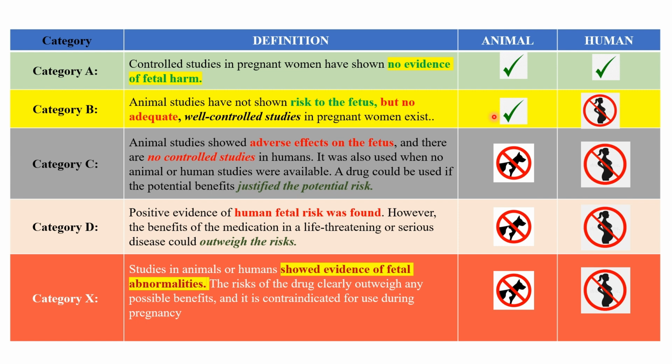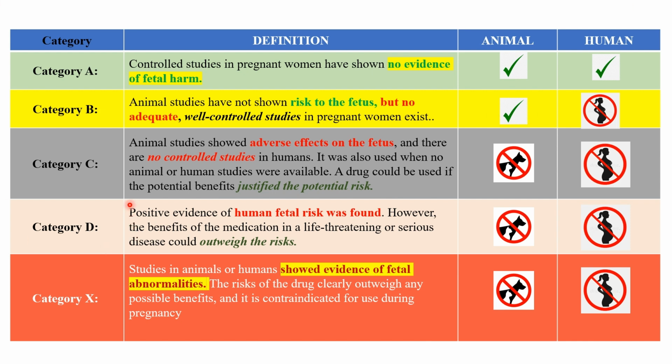It is not going to create any unwanted side effects. But we don't have a sufficient amount of data in a well controlled manner. So this category B drug also can sometimes be used on a risk benefit basis, right?